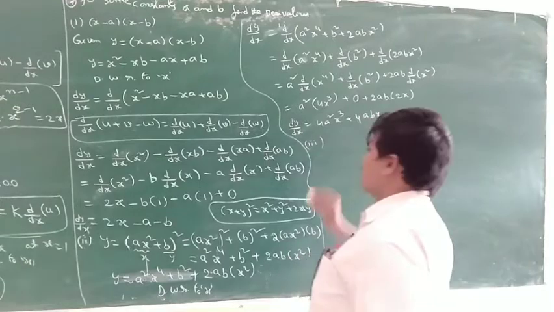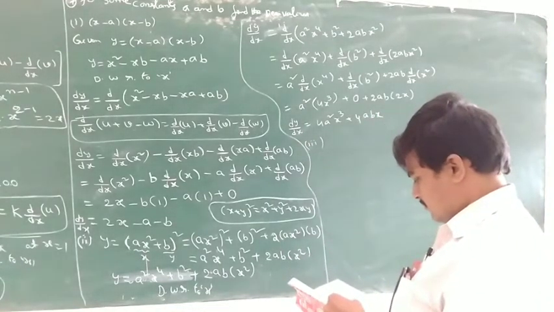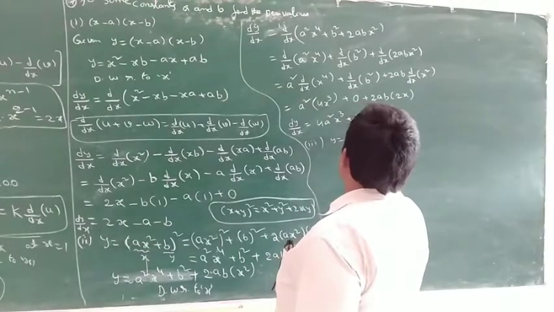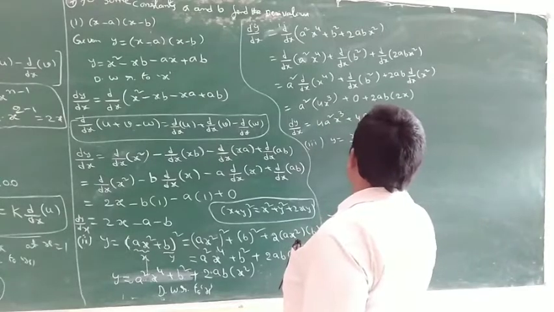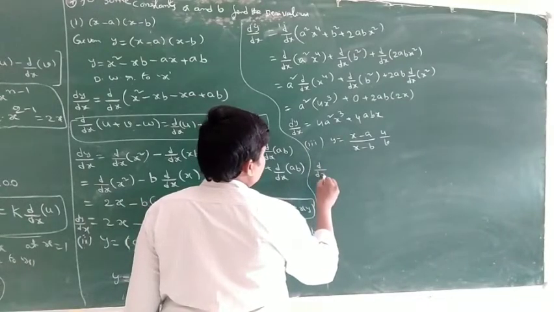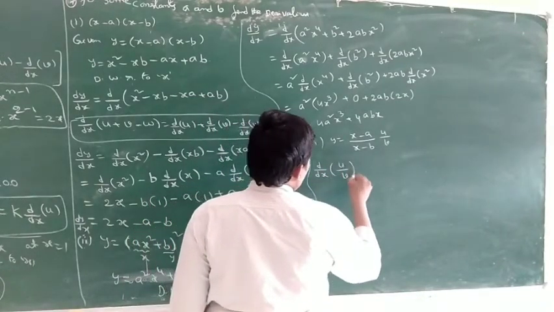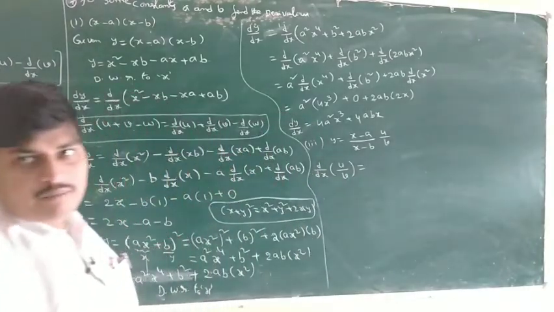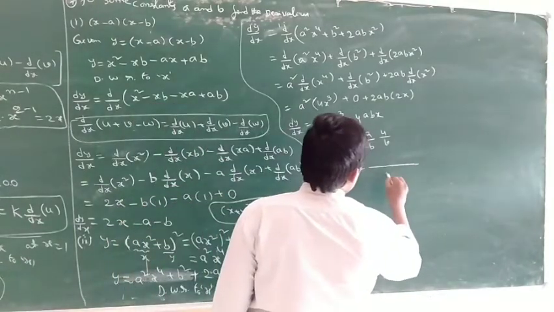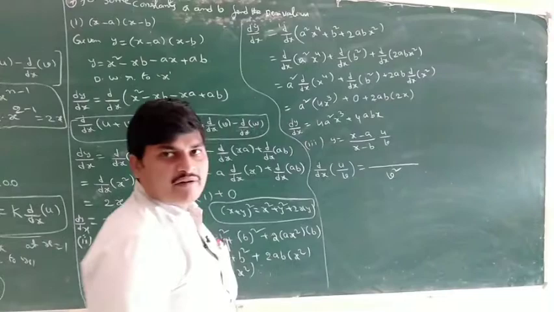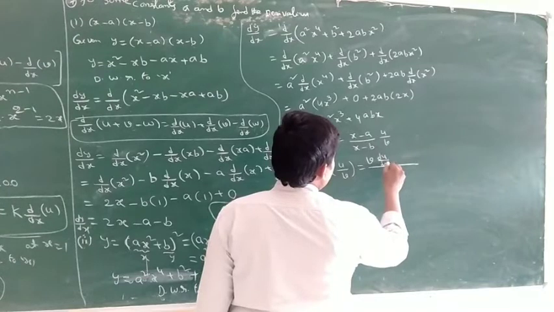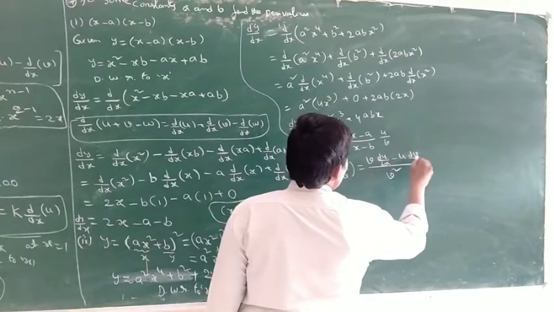Okay, third one. y is equal to (x − a)/(x − b). This is the u by v formula. d/dx of u/v is equal to (v into du/dx minus u into dv/dx) divided by v².